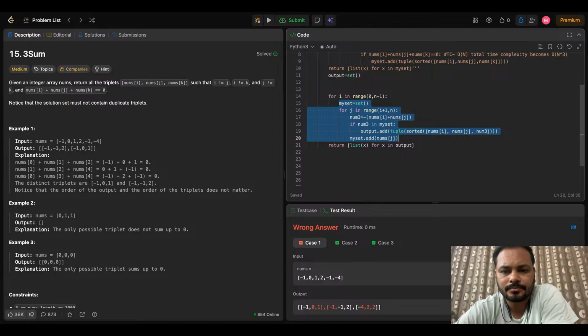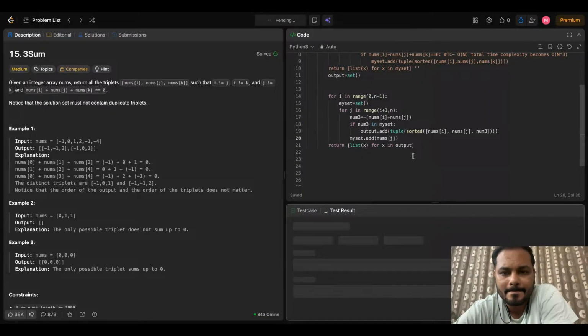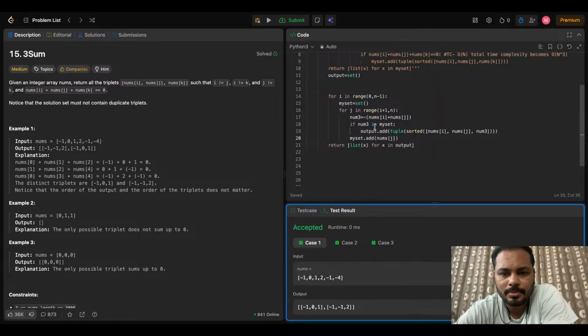That is why my set should be out; it should not be my global variable. It should be my local variable for this. That is what I understand, because in my set I'm putting the values. Now this is coming correct.